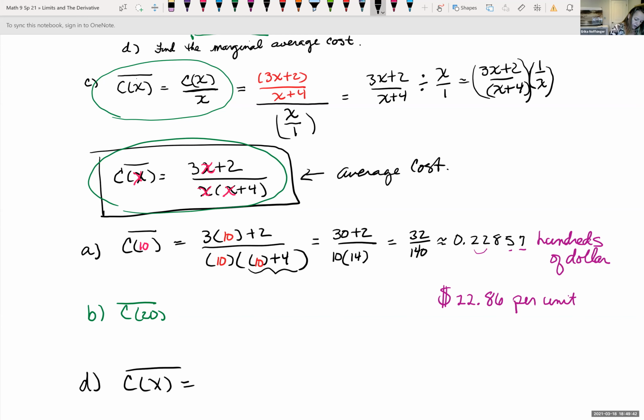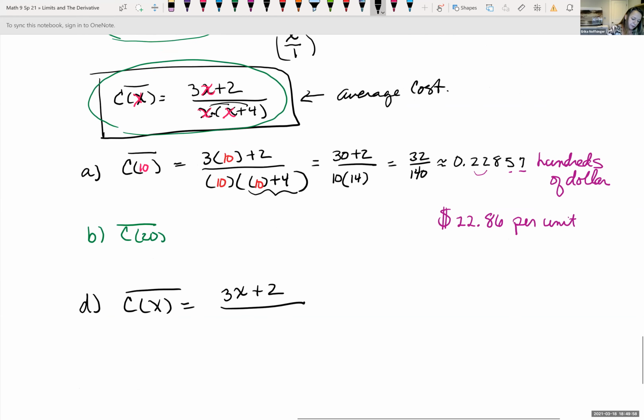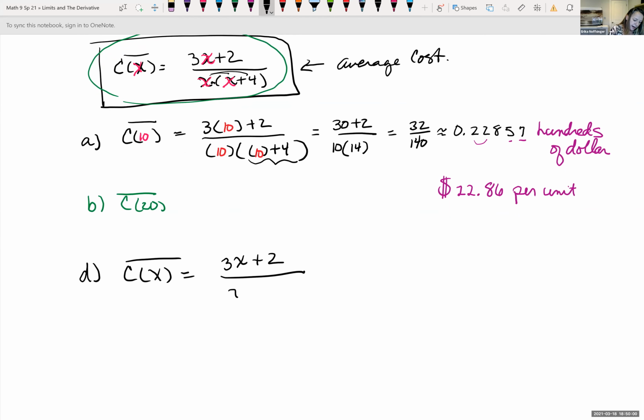The average cost was 3x plus 2 over x times x plus 4. If I'm going to take the derivative of this, I'm going to have to use the quotient rule, and I don't want to have to use the product rule with that. So let's distribute this x while we rewrite this in the denominator. And so that would give me in the denominator x squared plus 4x. So now we can take the derivative of this average cost function.